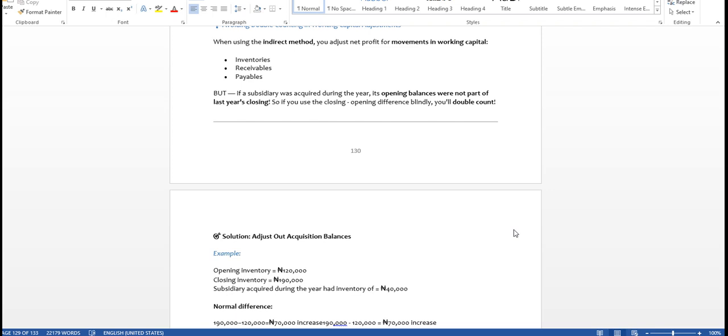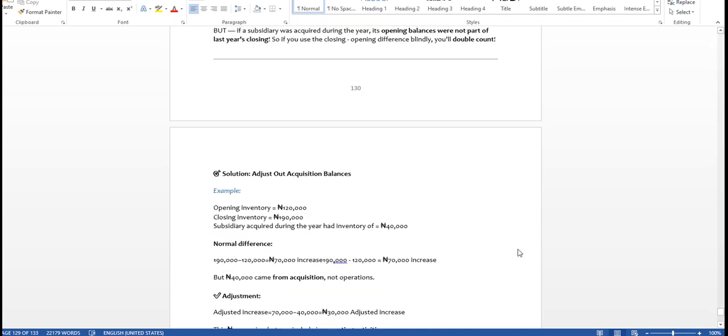Their closing balance and my closing balance can be the same, but opening balance is different. That opening balance, I need to remove it. So let's give an example. Opening balance is 120,000. Closing balance is 190,000. And then I acquired the business during the year with a balance of 40,000. Do you understand now? Ordinarily, if there was no acquisition there, it would have been 190 minus 120, 70 million. That means my inventory has increased at the end of the year by 70 million. Is that not so?